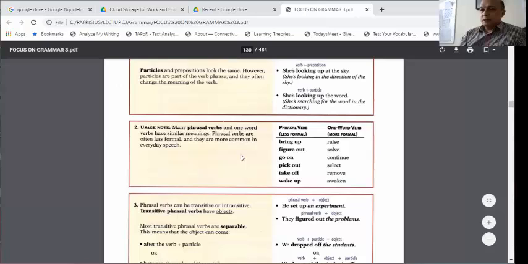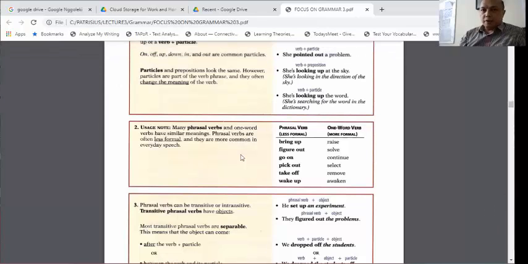One more important thing about phrasal verbs is that they occur very commonly. They occur frequently in everyday speech. So you do not expect to produce phrasal verbs when you are writing an academic essay.